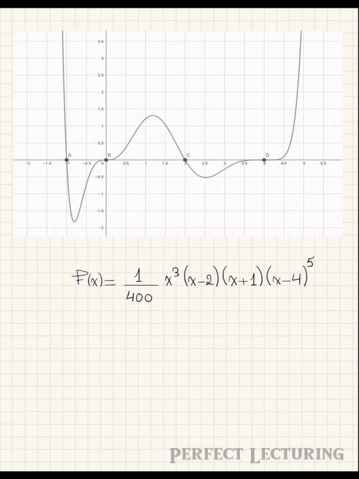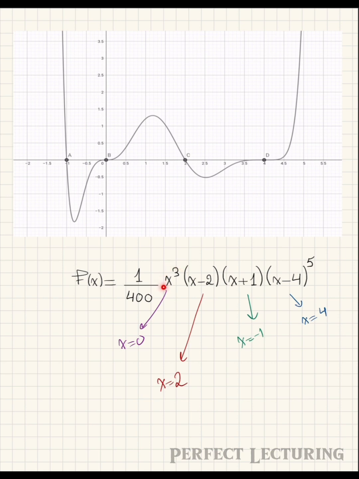That's another example. We have 4 zeros here. Let us first start with the single zeros, which are x equal to minus 1 and x equal to 2. For x equal to minus 1, I'm talking about the point A. You can see that the graph passes through the x-axis, as well as when x equal to 2, I mean at point C. Now here, when the multiplicity is equal to 1, and I'm talking about x equal to minus 1 and x equal to 2, the graph passes through the x-axis, I'm talking about points A and C, and there is no flat part on the x-axis.